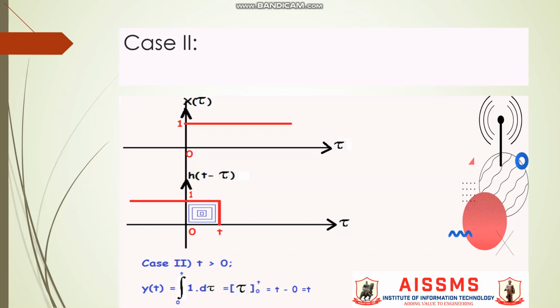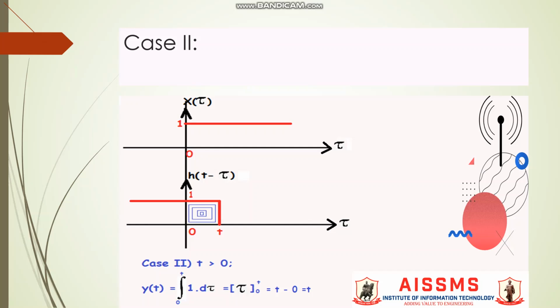In case 2, we shift the time reversed signal towards the positive x-axis and we get an overlapping region in the range between 0 to t. Integrating in this overlapping region for the overlapping time limits, that is y of t is equal to integration 0 to t 1 into d tau. Here 1 is nothing but the amplitude of our signals.